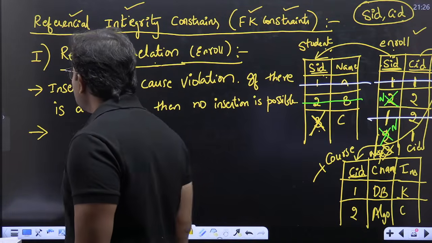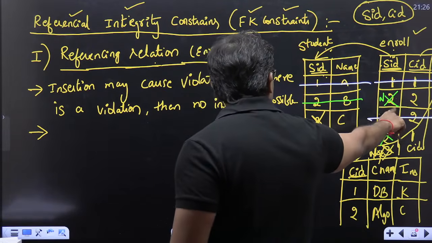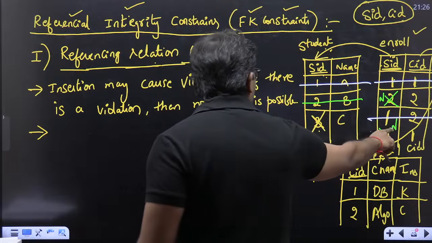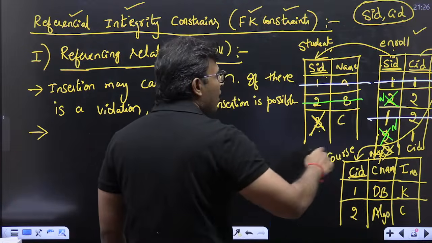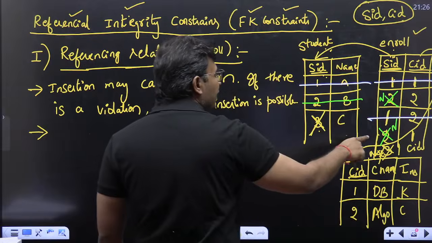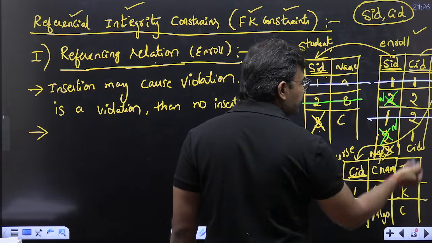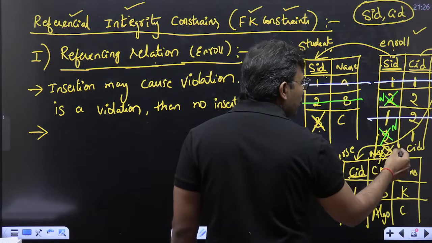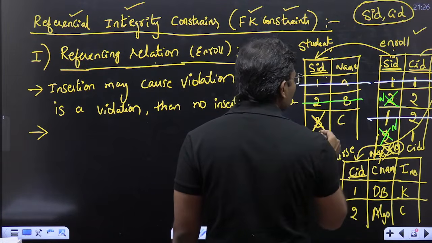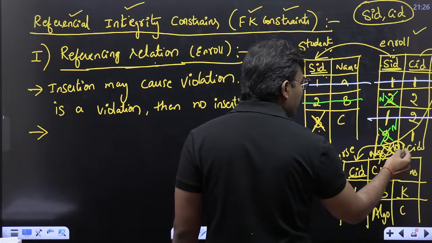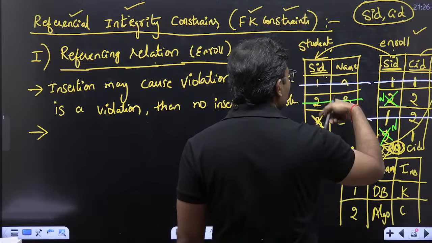Now coming to delete, there is no problem with delete, right? You can delete anything from enroll. We are talking about the enroll table. Let us say I am inserting a student number 10, and student number 10 is not present in the student database.